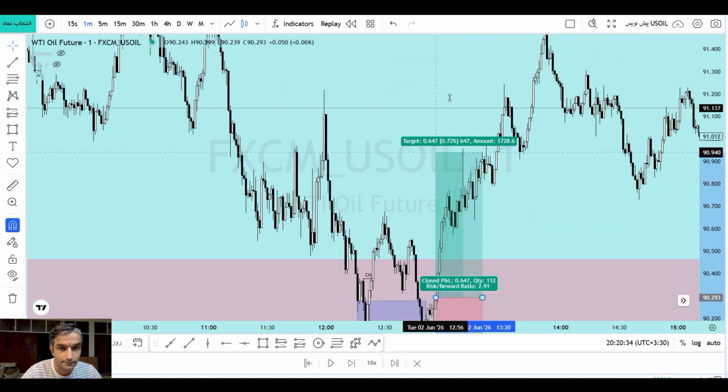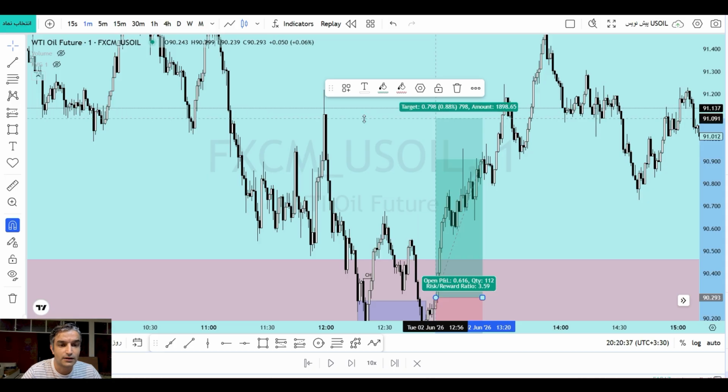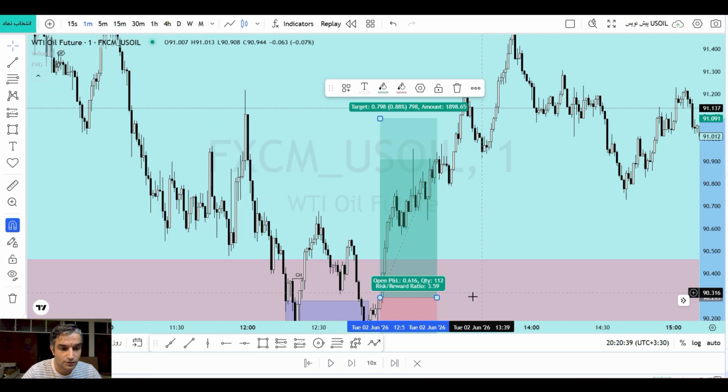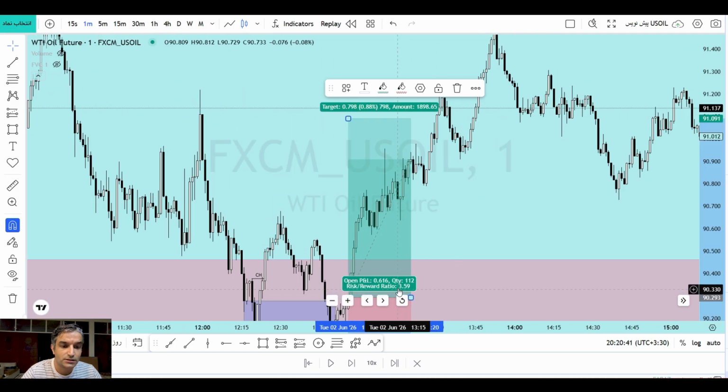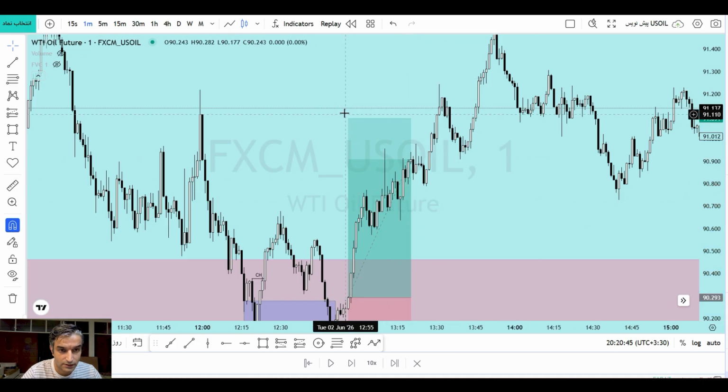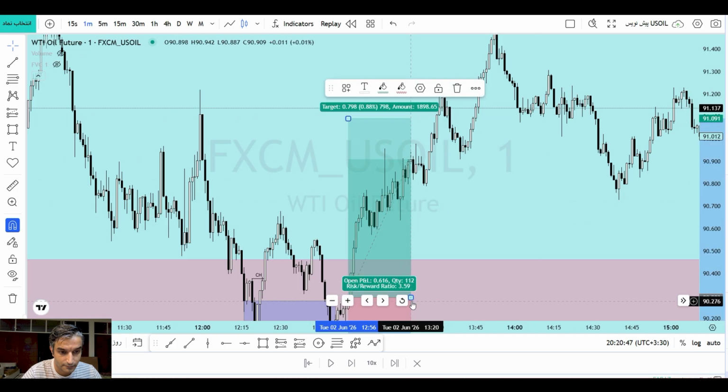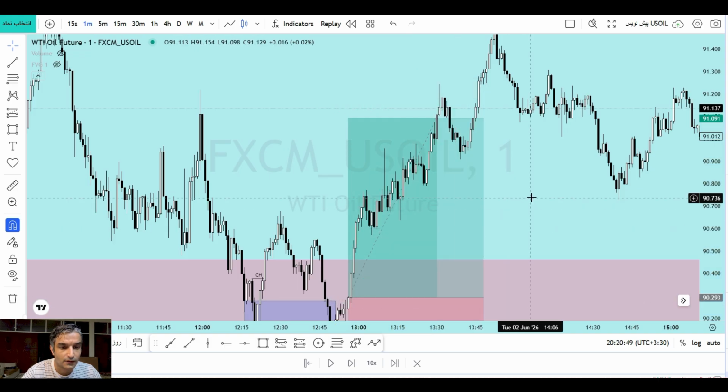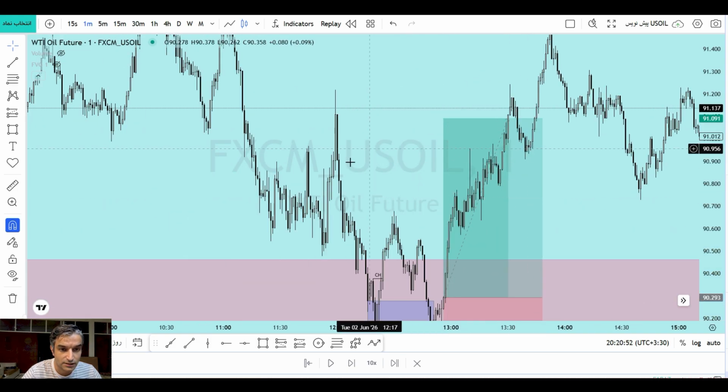And about the TP, one of our TPs can be here, and as you see, it's around 3.59 till here, and it's enough because there is an unmitigated block.